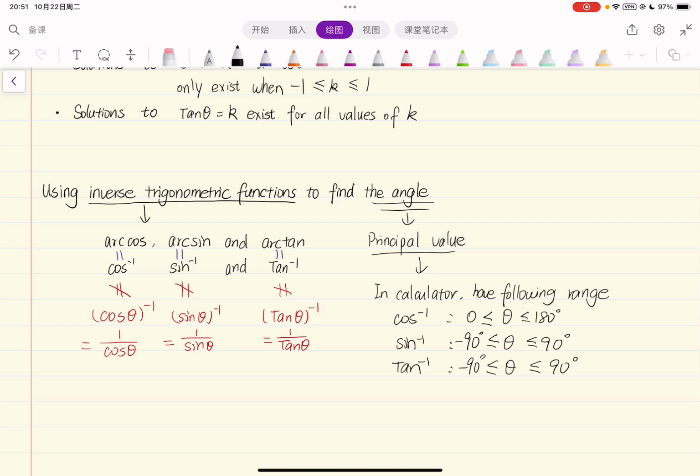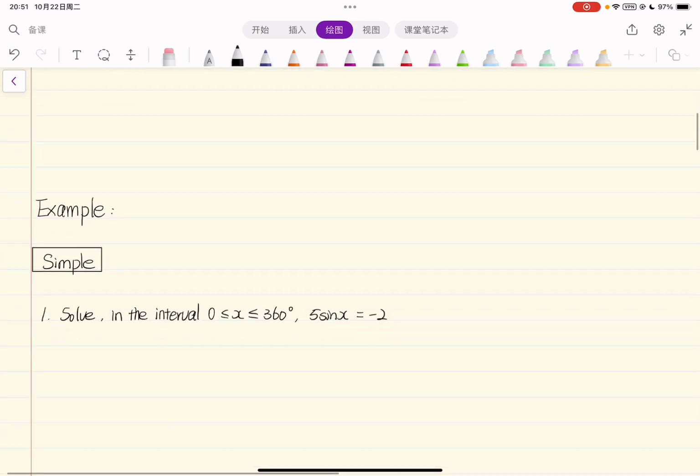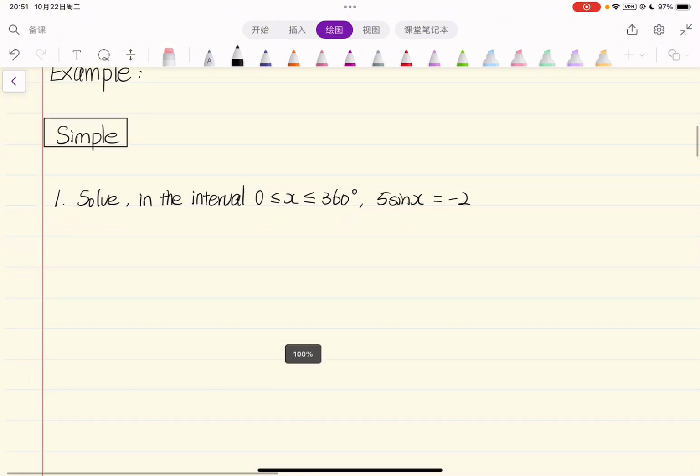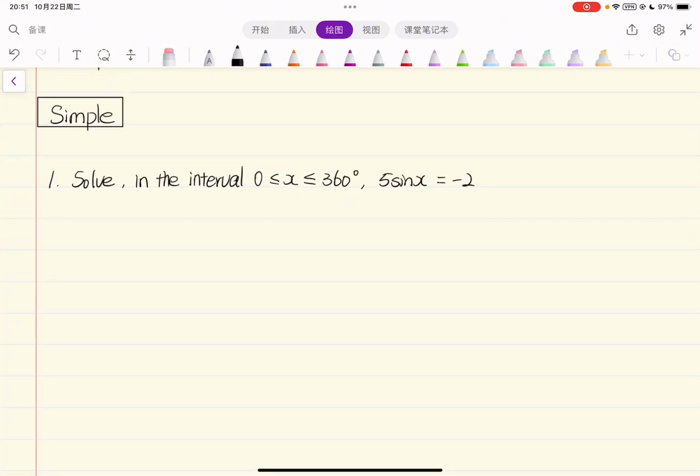Now let's do some example questions. Let's start from a simple question. The first question: solve in the interval x less than or equal to 360 degrees and greater than or equal to 0, 5 sine x equals minus 2. So we write down 5 sine x equals minus 2.